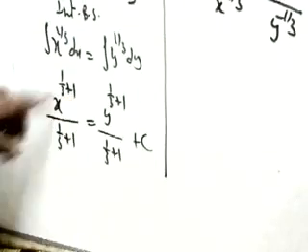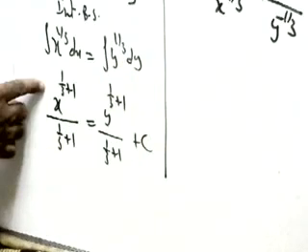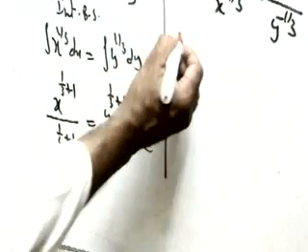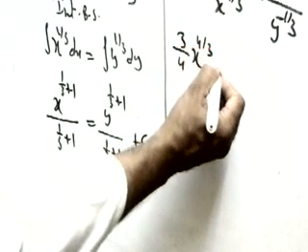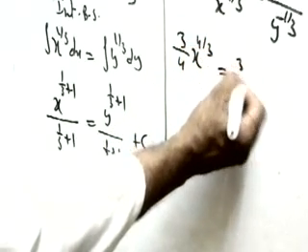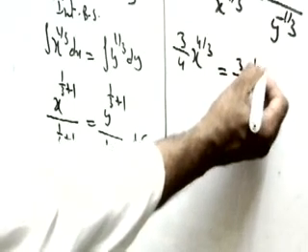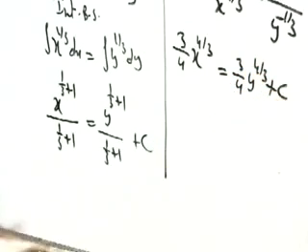Now what will this be? 1 by 3 plus 1 is 4 by 3. From the denominator, if you bring up 4 by 3, it will be 3 by 4 x power 4 by 3 equals to 3 by 4 y power 4 by 3 plus c.